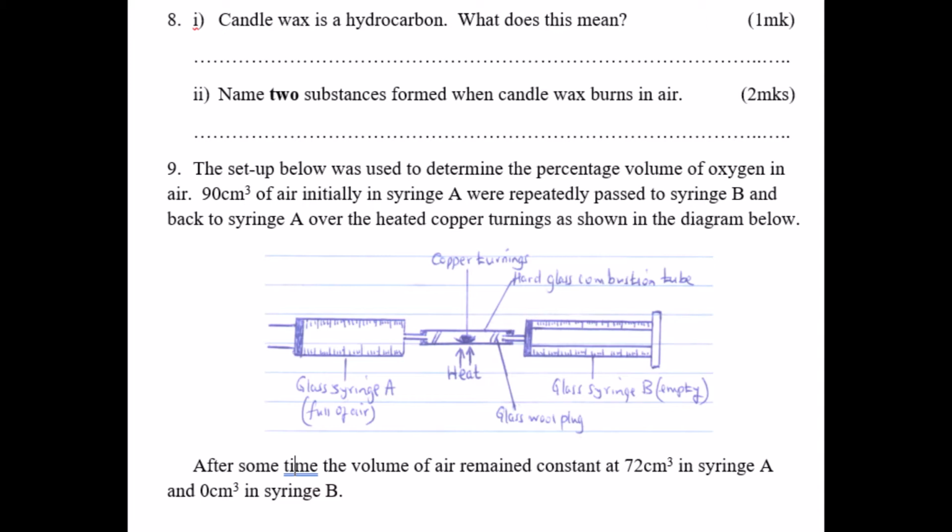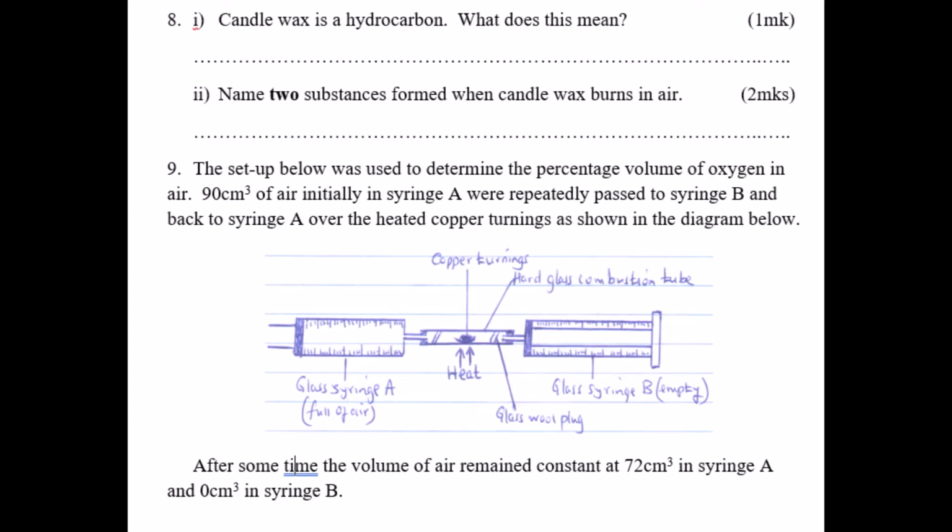Then question 9, you're given a setup that is used to investigate the percentage oxygen in the air. You're starting with 90 cubic centimeters of air in cylinder A. Remember, cylinder B is closed and empty. Then after the experiment, 72 cubic centimeters of air remained in cylinder A, and of course cylinder B just remained empty.